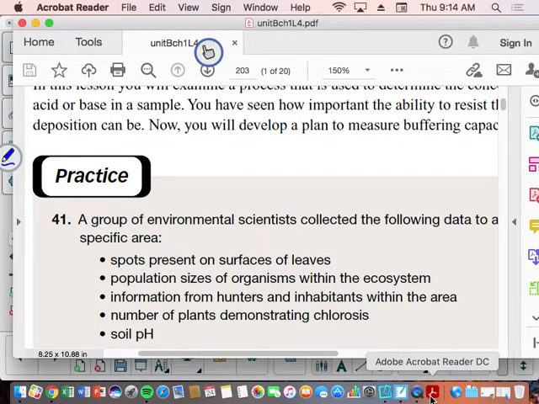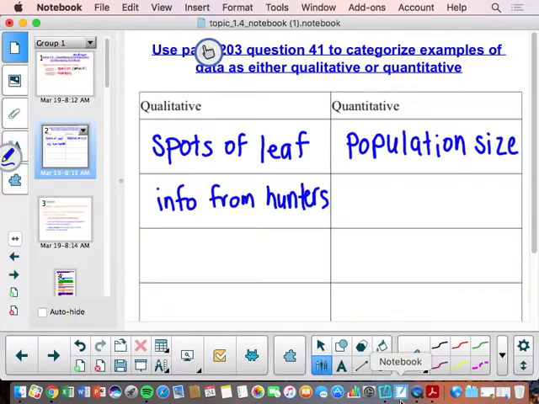Number of plants demonstrating chlorosis. What's the key word in that sentence? Number. So number of plants of whatever, it doesn't matter. They're just trying to throw you off with all these words.